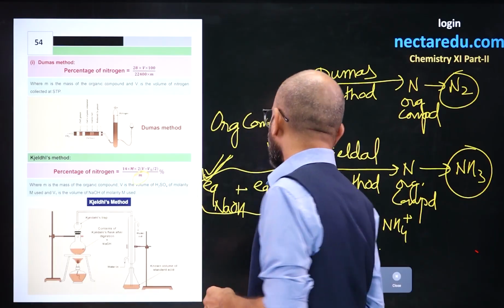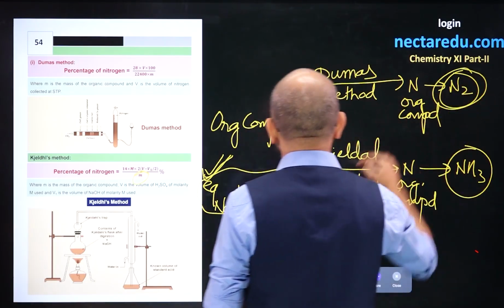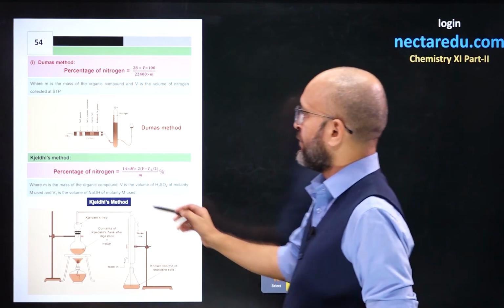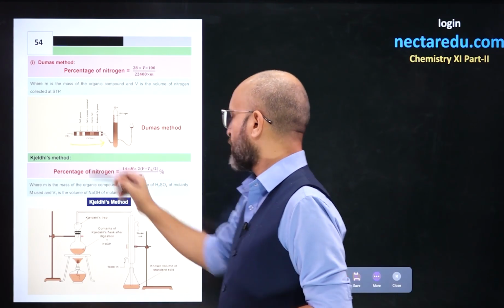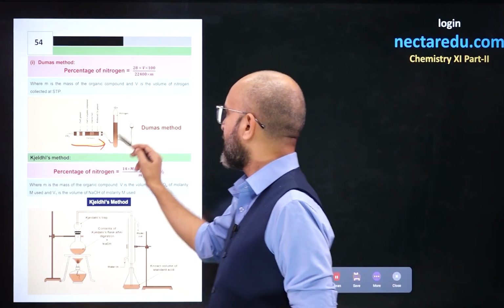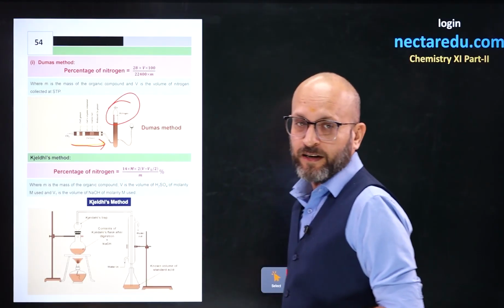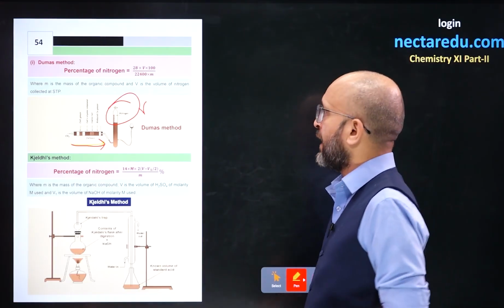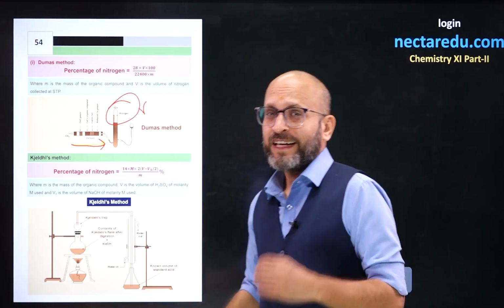And in Dumas method, we collect nitrogen gas. See, in this setup, a series of reactions happen over here, and through this series of reactions we get nitrogen gas which is collected over here. We find out the volume of nitrogen gas, and by using this formula we can calculate.